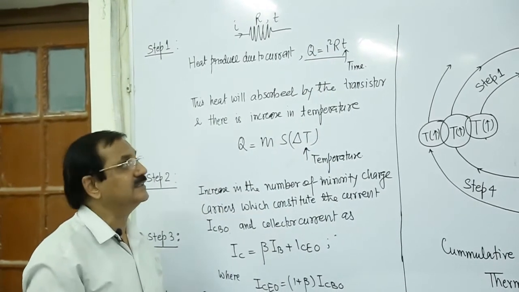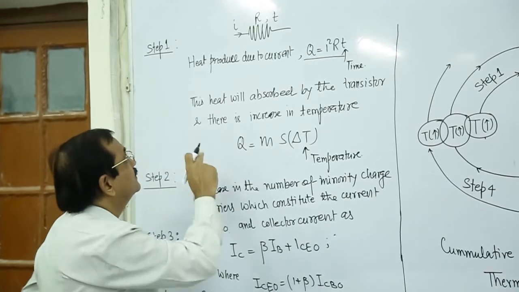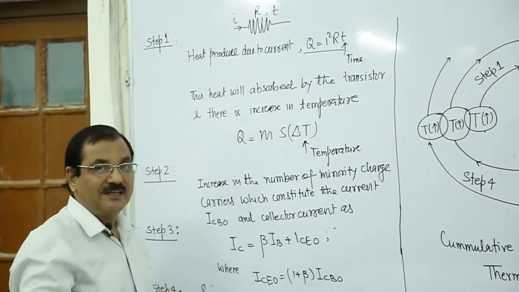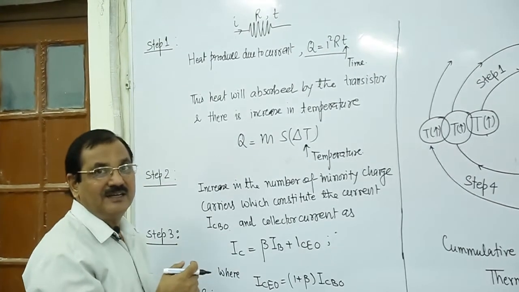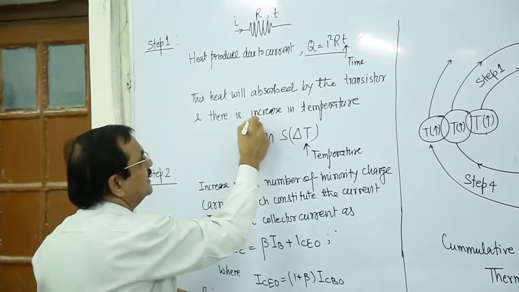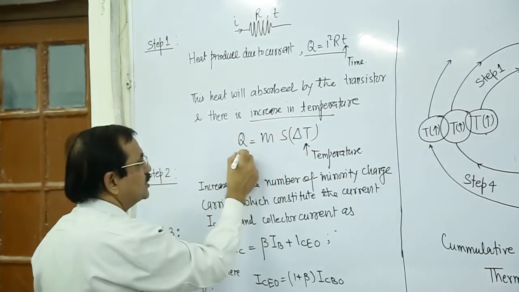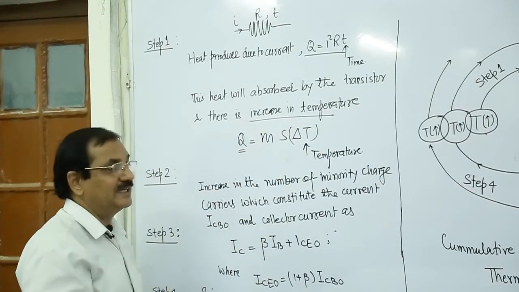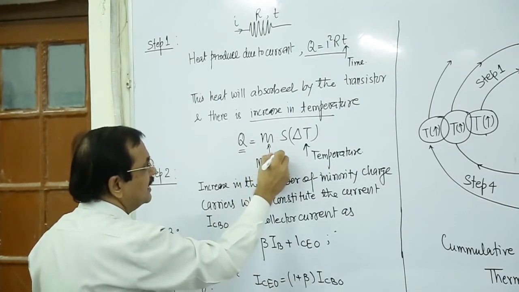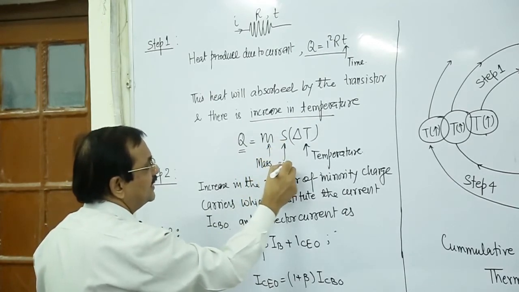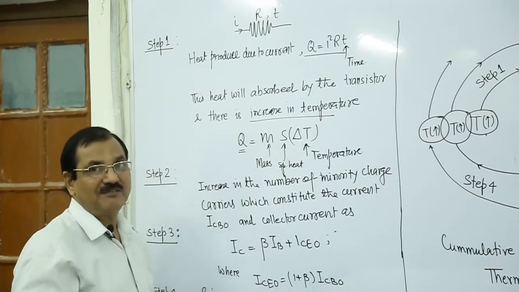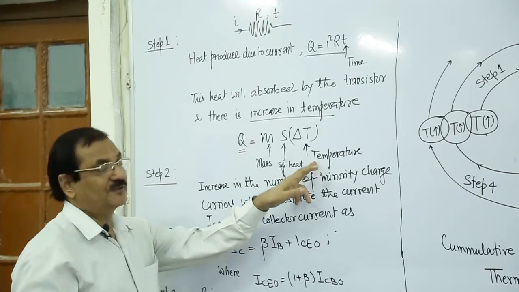This heat will be absorbed by the transistor. If the heat is generated by the material itself and absorbed by the material itself, then there is an increase in temperature. Here Q is the amount of heat in calories, this is the mass, and here it is the specific heat of the material, so there will be an increase in temperature from this formula.